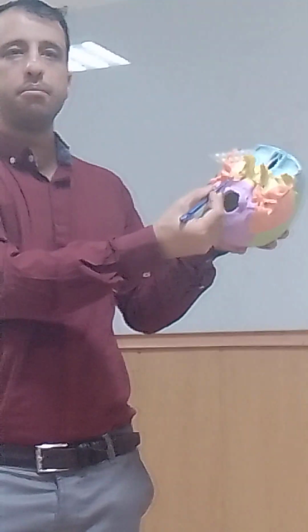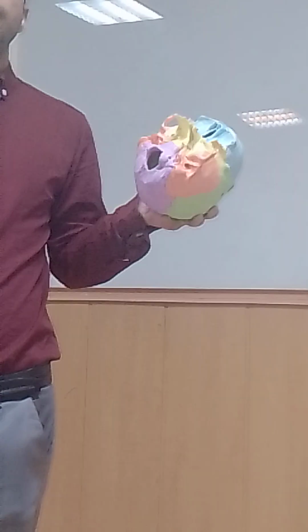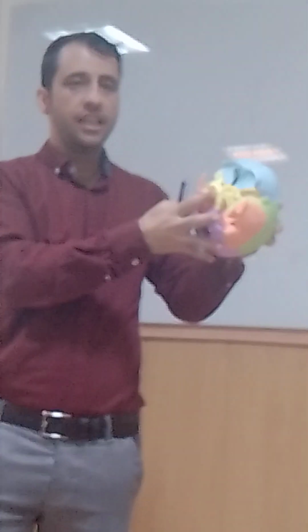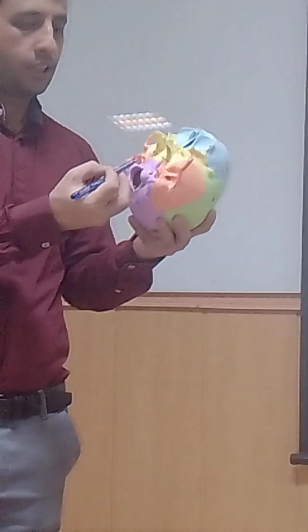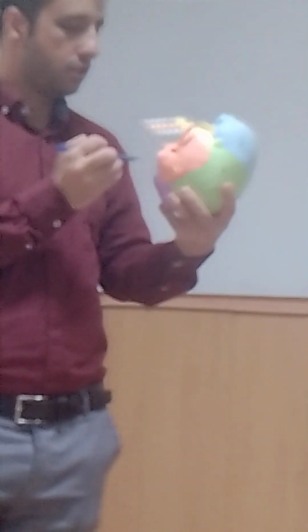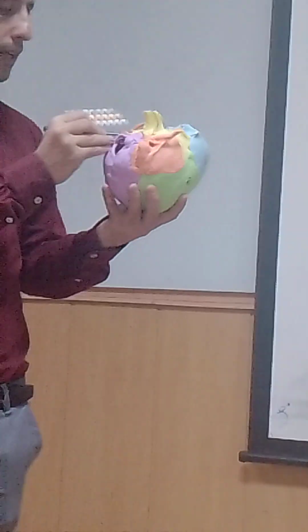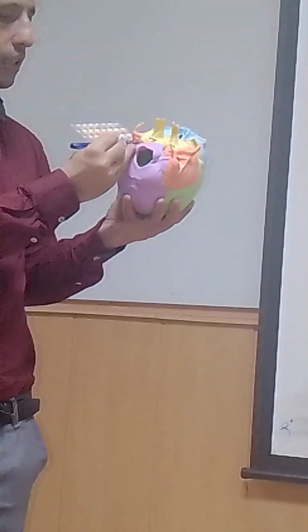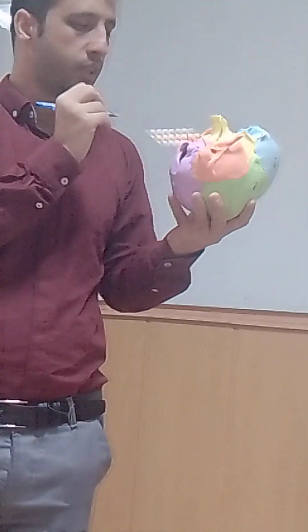Here is the petrous part. The petrous part has three surfaces and three borders. In the external view, you can see just the inferior surface of the petrous part. In this area, the first structure is a canal, named the carotid canal, for traveling of the internal carotid artery.